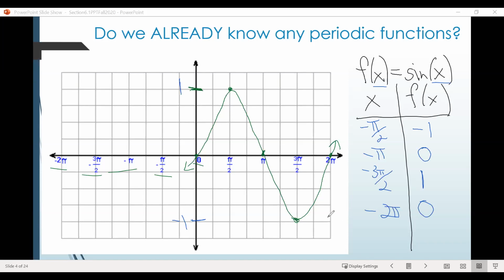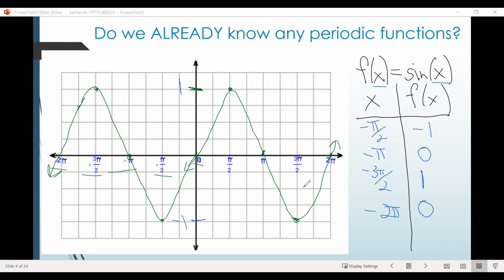And now if we plot those points, so negative pi over 2, negative 1, negative pi 0, negative 3pi over 2, 1, negative 2pi 0, and connect the dots, hopefully what you see now is a much more periodic function, right?